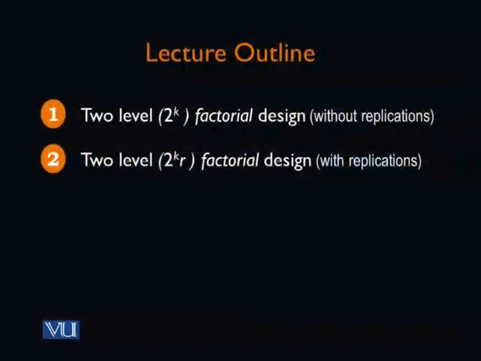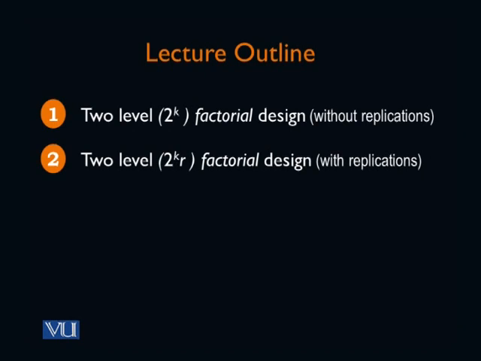If we do not perform any replications, that is, at each treatment combination we do not perform multiple experiments, we have no idea about the experimental error. So to calculate that, we need to perform replications. And the second part of today's session would focus on two-level factorial design with replications.